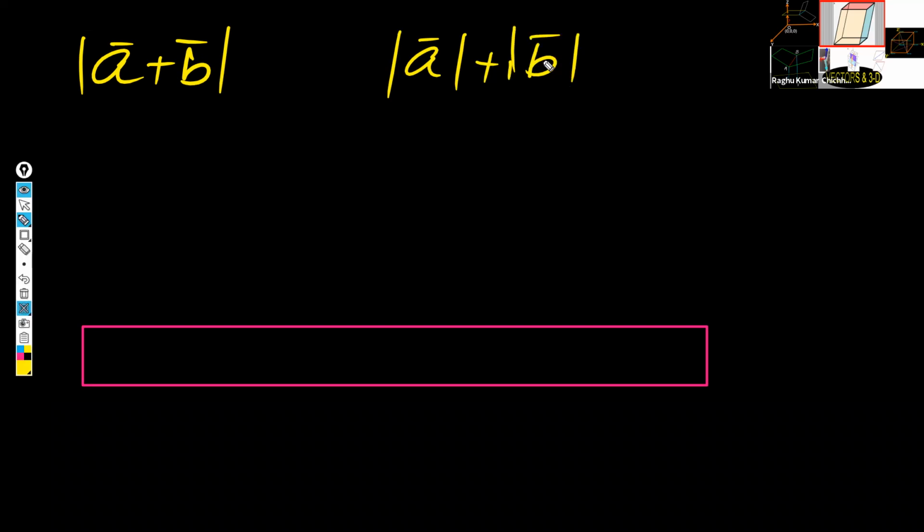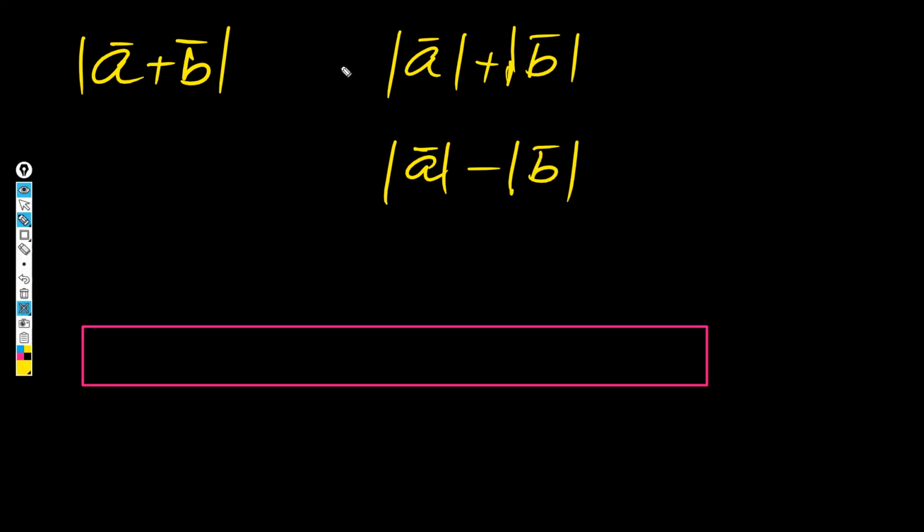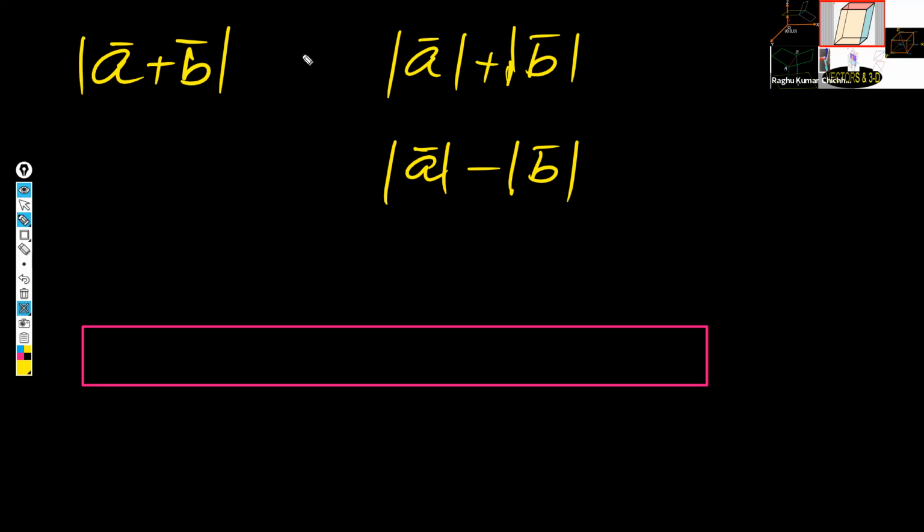Or you want to split it as mod A bar minus mod B bar for some purpose. Then you should not write equal to always. Equal to can be written only when they are collinear. Remember that. Only when they are collinear can you write that.